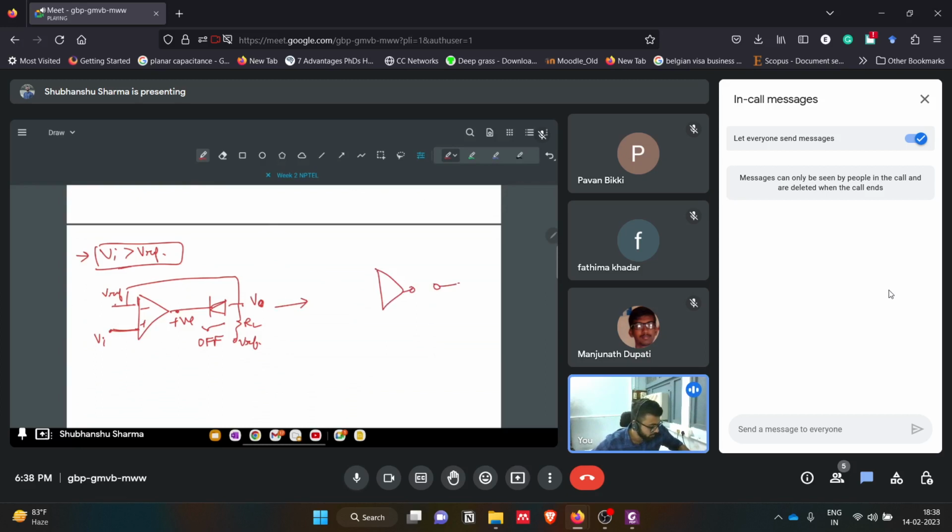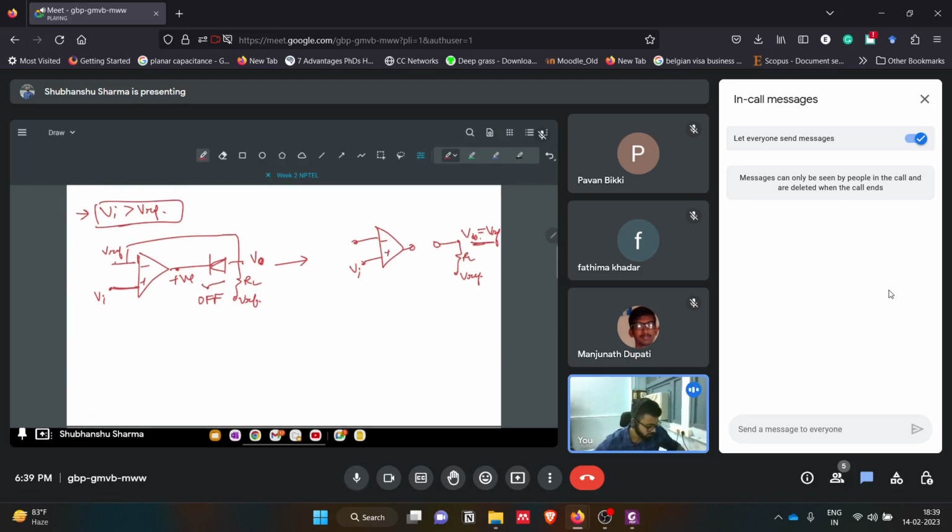So this is Vi, this is Vref, so V naught will become Vref. Okay, so now we'll analyze what the output waveform will be.